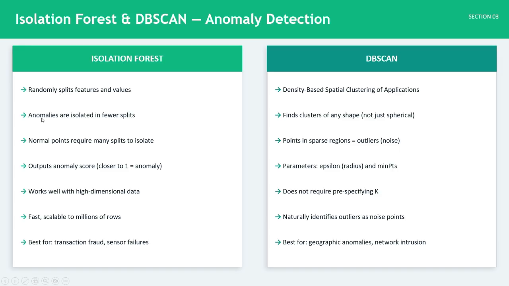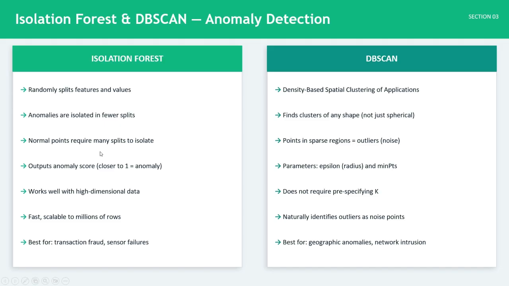Anomalies are isolated in fewer splits, so if you're making cuts across the data, it's very easy for an outlier to be noticed in very few splits, as opposed to requiring more and more. If you're splitting data up and not finding any outliers, the data is very closely clustered and it's getting difficult to find those anomalies, which may or may not exist. That's where it says normal points require many splits to isolate.